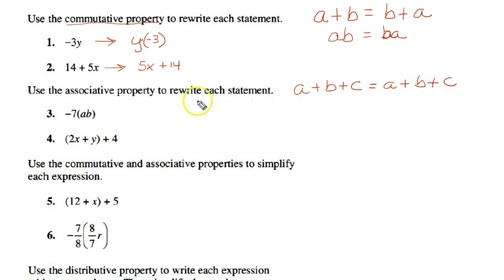But we make it the associative property when we put parentheses here and group these two first, and then here grouping these two first. So looking at this, what would be the associative property?